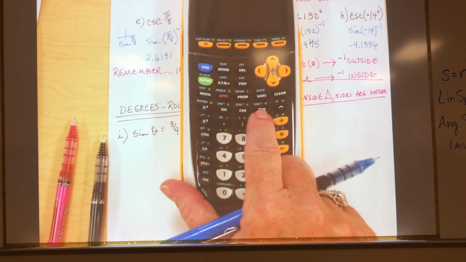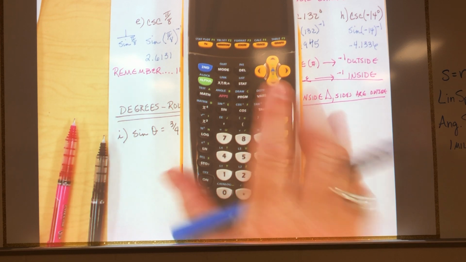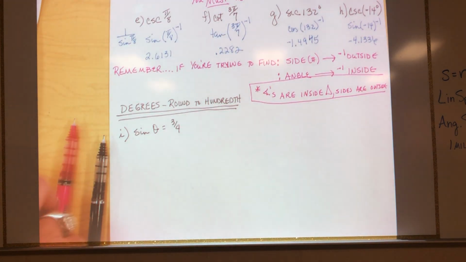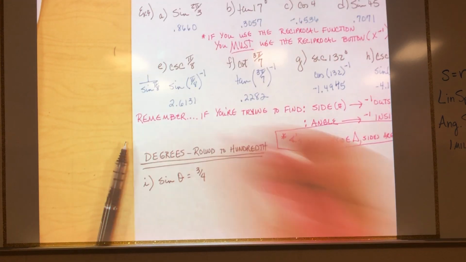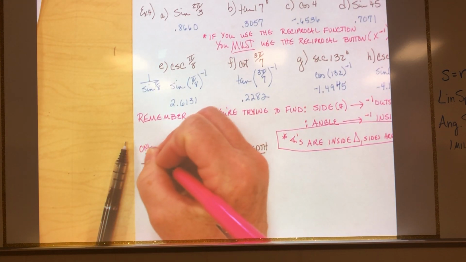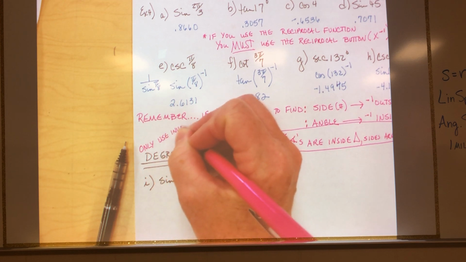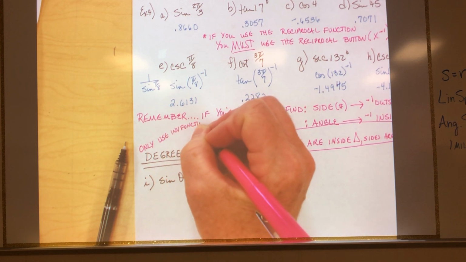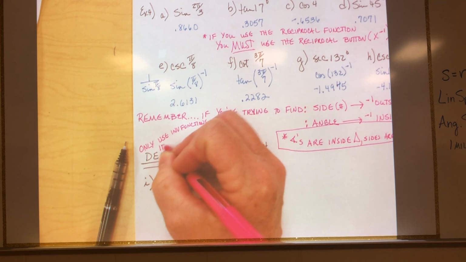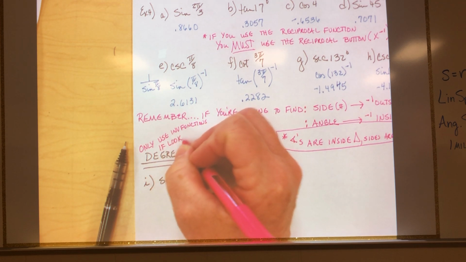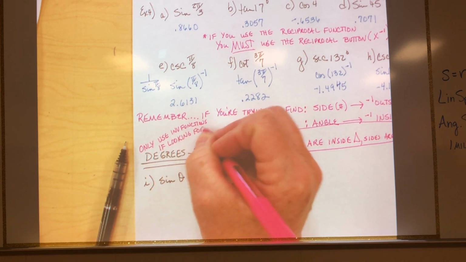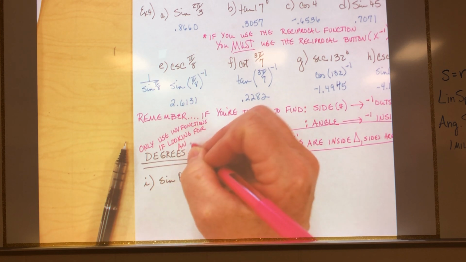When do you use an inverse function? When you're looking for an angle. If you need to, write that on your paper: only use inverse functions if looking for an angle.